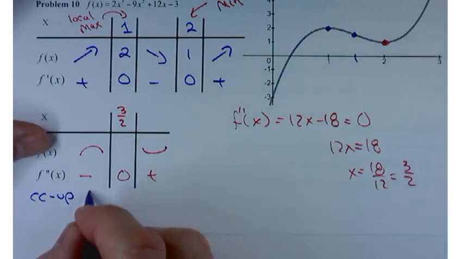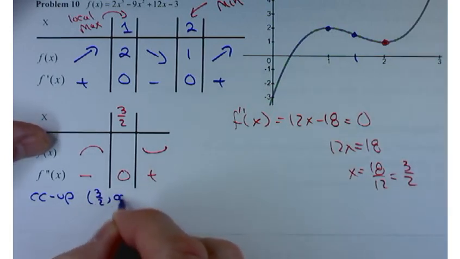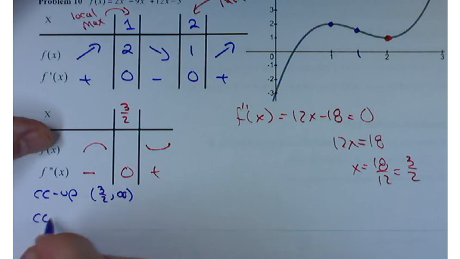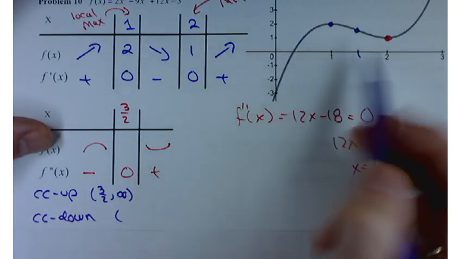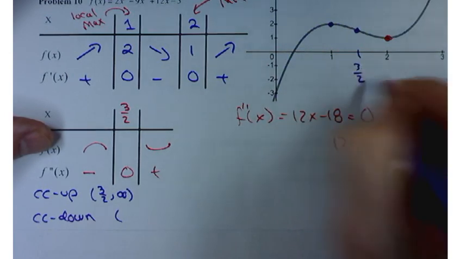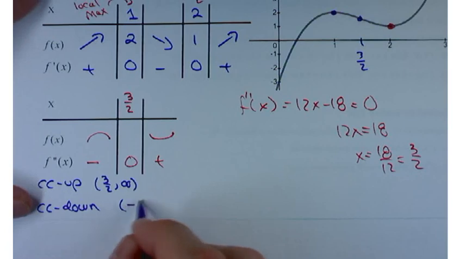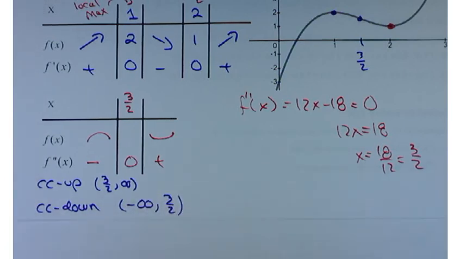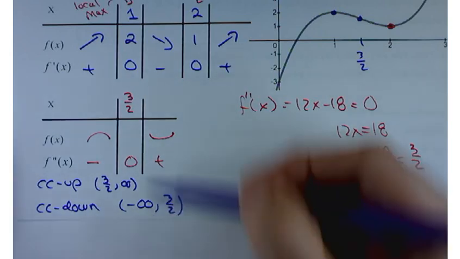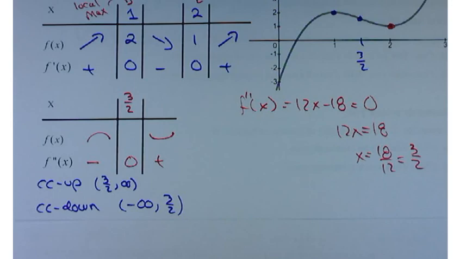So it's going to be from 3 halves to infinity. And concave down is going to be everything up to 3 halves. So up to 3 halves would be negative infinity to 3 halves. That's where your function is concave down. When I'm asking you for this kind of information, it's always going to be intervals along the x-axis.